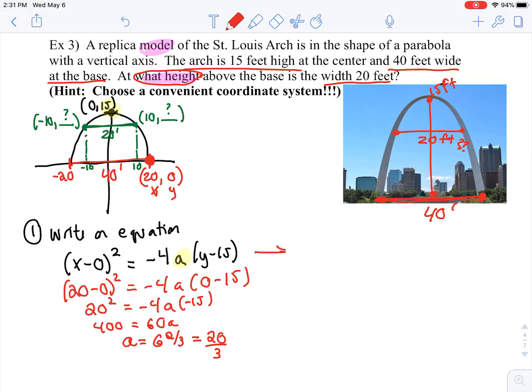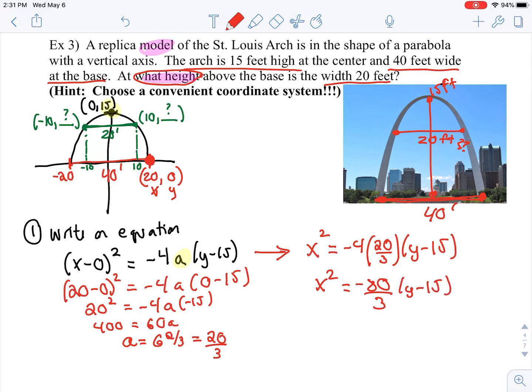So if we go back and write our equation back up to here, we now have x squared equals negative 4 times a, and a is 20/3, times y minus 15. Or x squared equals negative 80/3 times y minus 15.